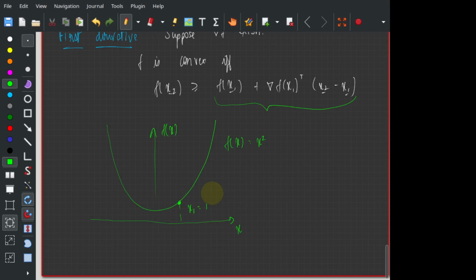So what would be f of x1 plus gradient f of x1 transpose x2 minus x1? In this case, it's actually the value of the tangent at x2. So let's just compute it for this special case.